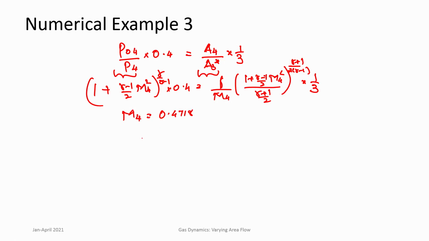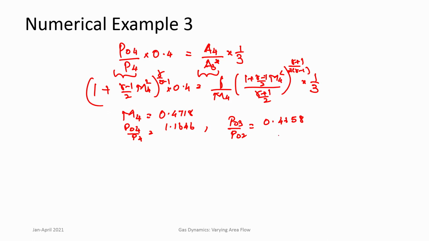0.4718. Okay, so now if we know this value, then P04 by P4 is known, it is 1.1646. Therefore P03 by P02 can be found out, it is 0.4658. Okay, now once P03 by P02 is known, then the Mach number is known.